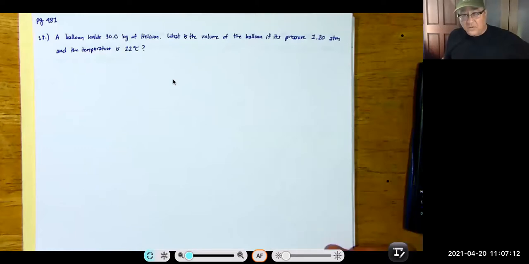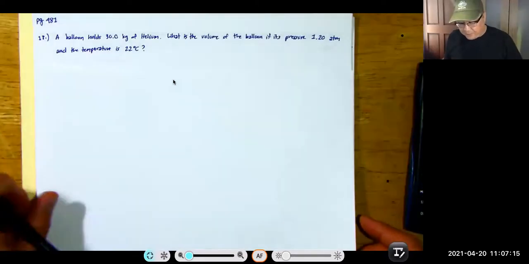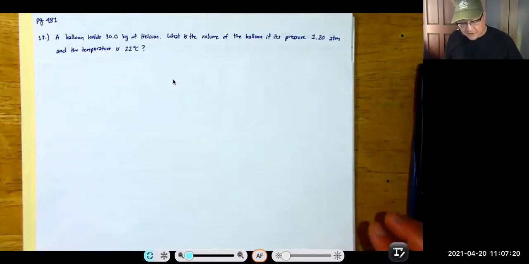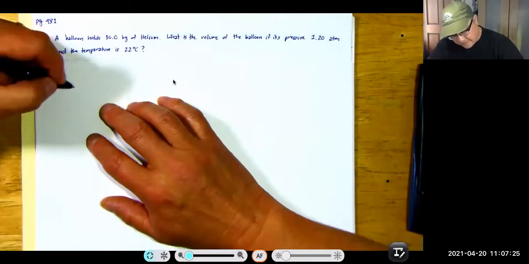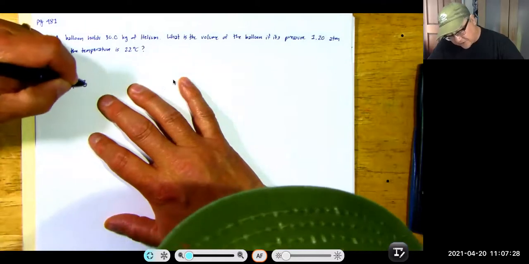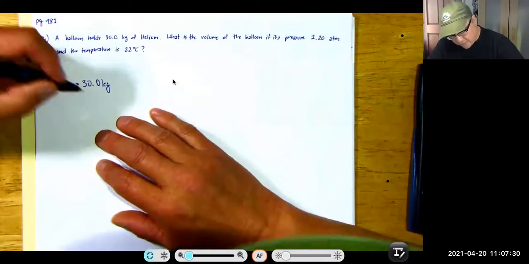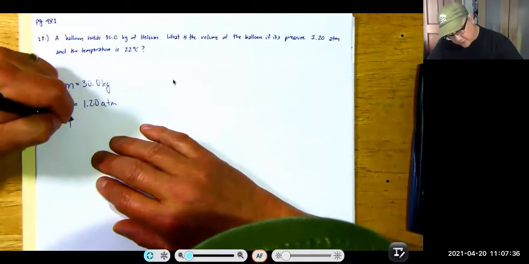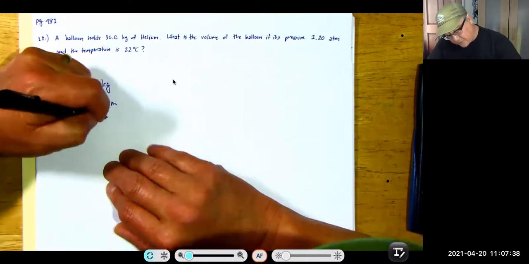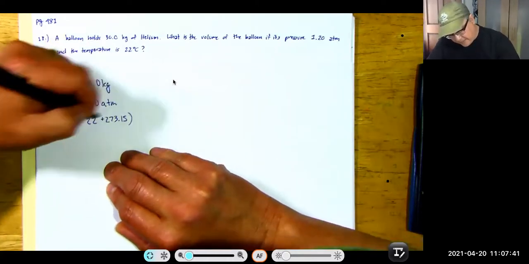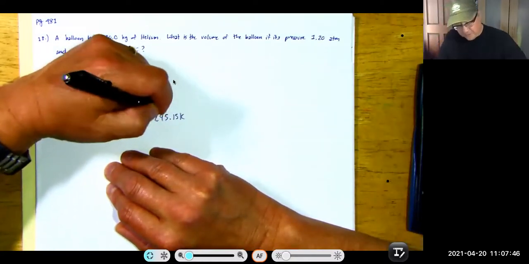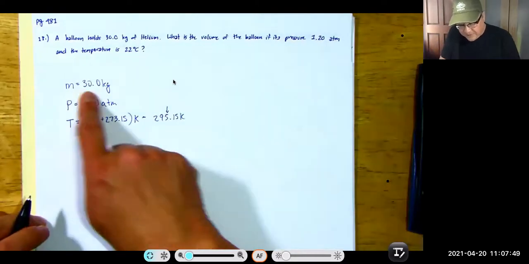18. A balloon holds 30 kilograms of helium. What is the volume of the balloon if its pressure is 1.20 atmospheres and the temperature is 22 degrees Celsius? So we have that the mass is 30.0 kilograms, the pressure is 1.20 atmospheres, and the temperature is 22 plus 273.15 K, which is 295.15 K. Okay, so what is the change in moles of gas?